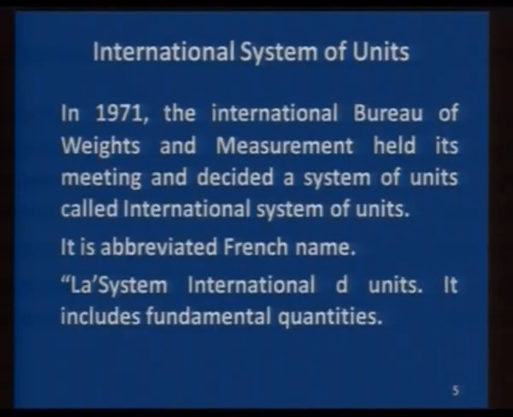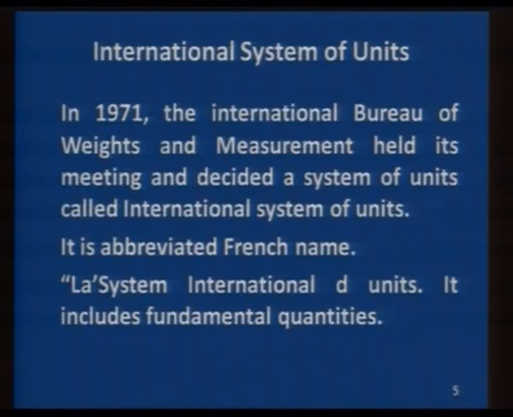And there is a very important system nowadays which is used for measurement, known as the International System of Units. In 1971, the International Bureau of Weights and Measures held its meeting and decided on a system of units called the International System of Units. It is abbreviated from the French name Le Système International d'Unités.